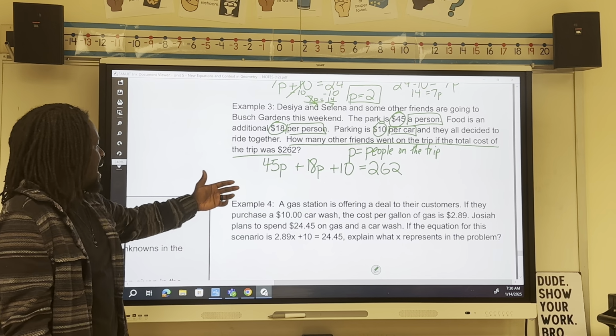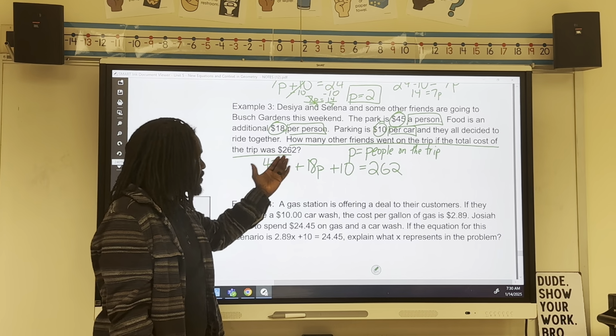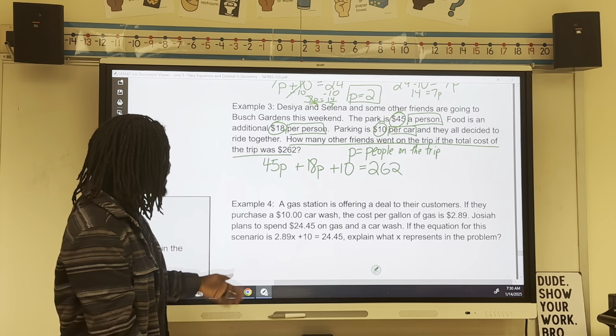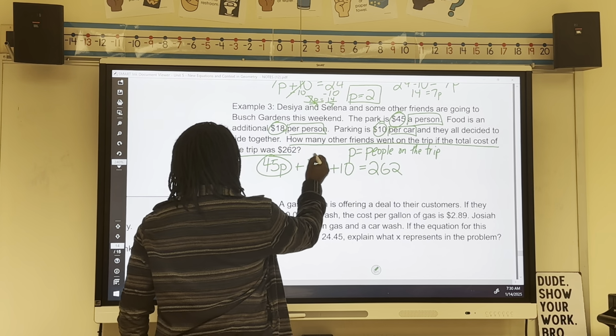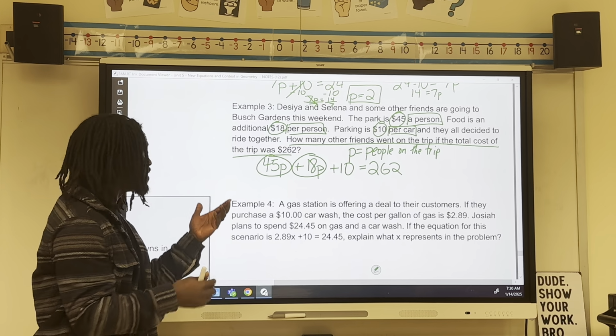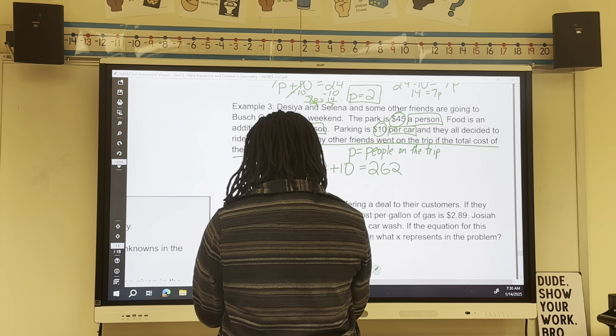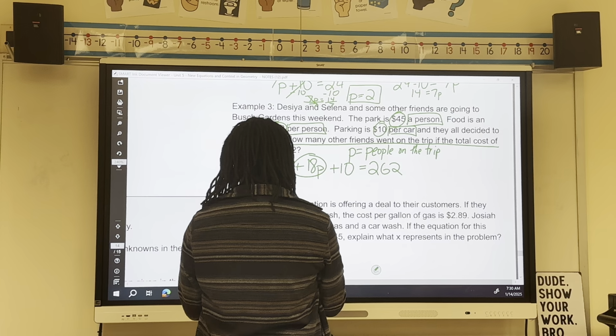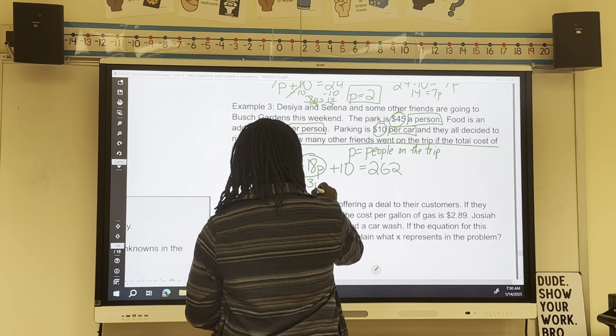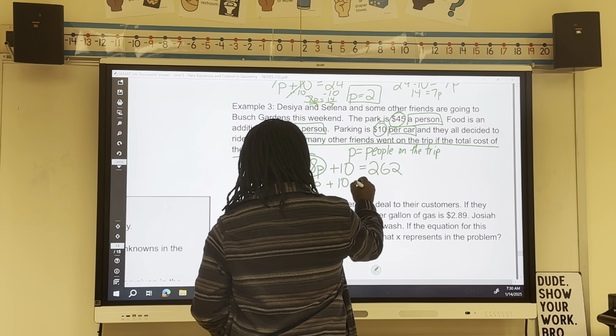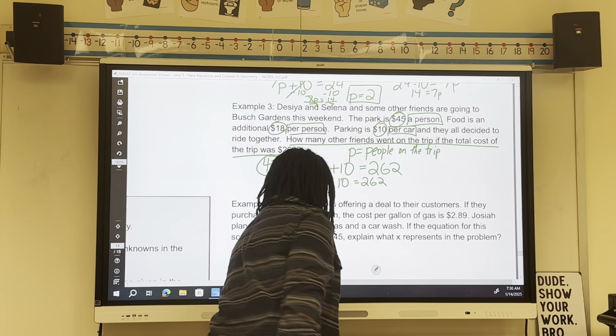And now I'm going to solve this, and I am going to use the inverse operations, but before I do that, I need to combine these like terms because both of these are P. So 45P plus 18P. So 45 plus 18 gives me 63P plus 10 equals 262. All right?